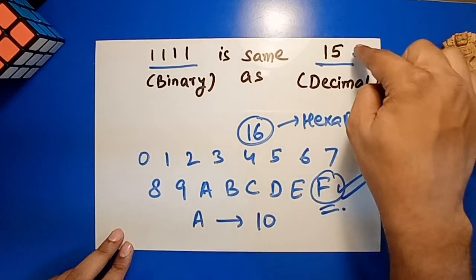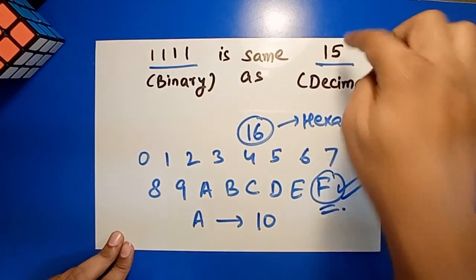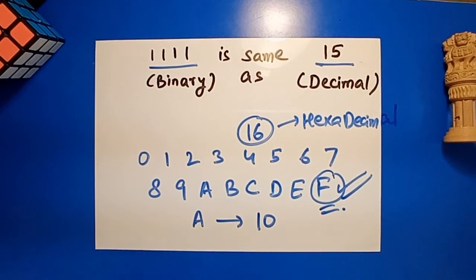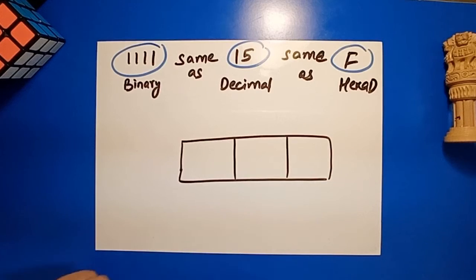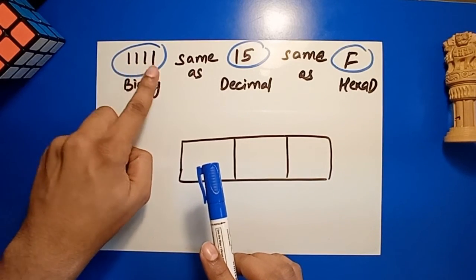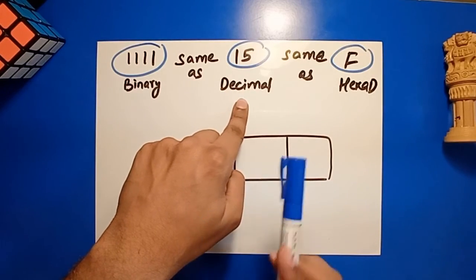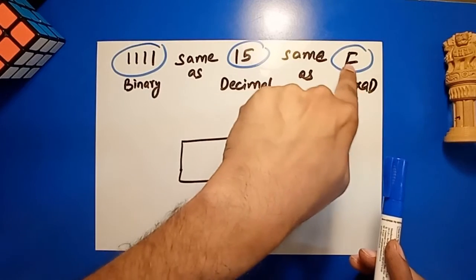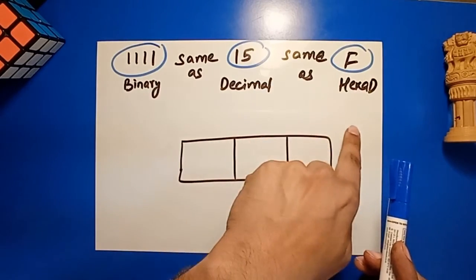I hope it is not getting too confusing. By the way, this is an advanced topic for grade 6, so it's okay if you do not understand. Here is the summary: 1111 in binary is the same as 15 in the decimal number system, where we have 10 digits, which is the same as F in the hexadecimal number system, where we have 16 digits.